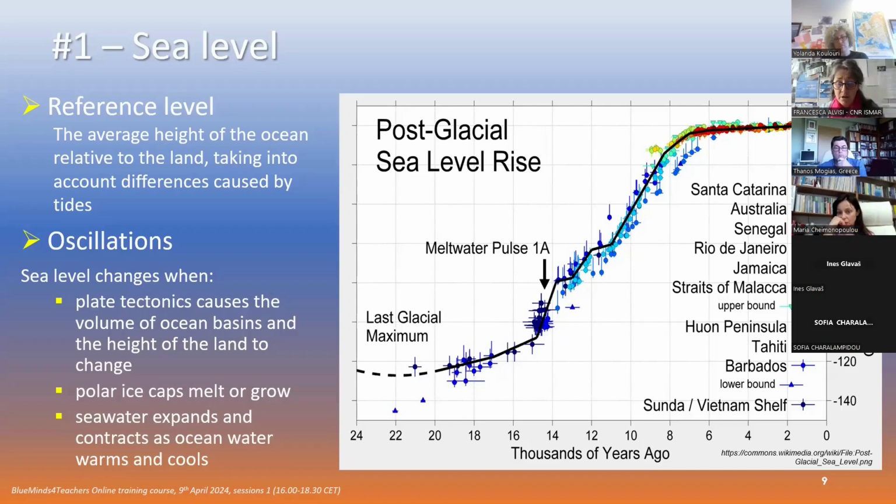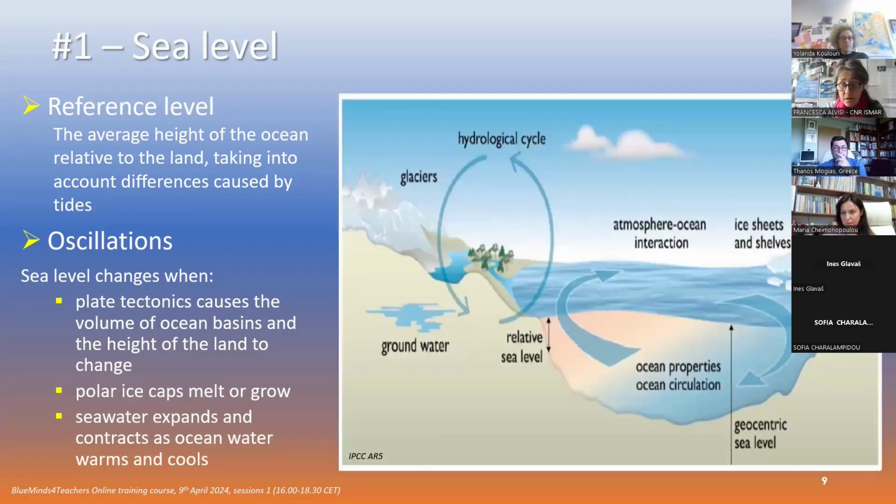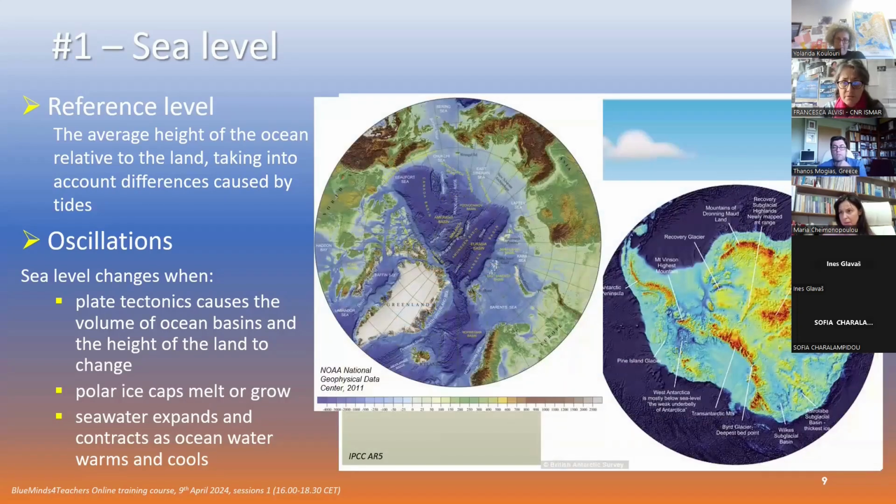So we can have short oscillations, we have seen them before, and we have wide amplitude oscillations. They can be the interglacial and glacial oscillations, or what is happening today because of the melting of many of the glaciers.